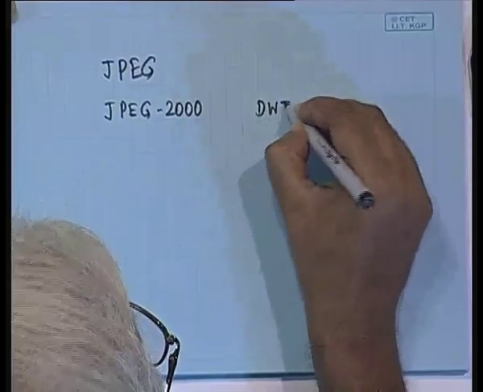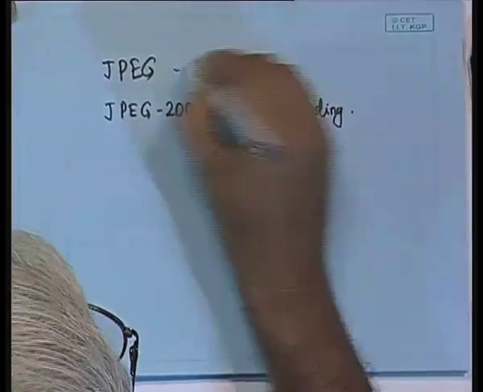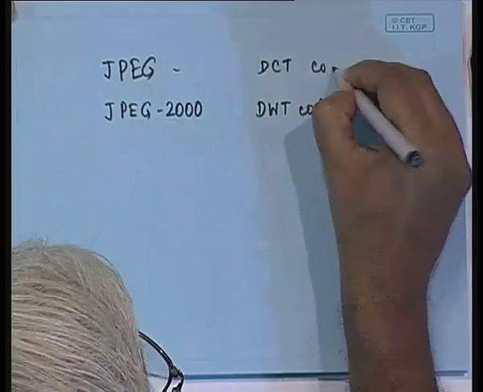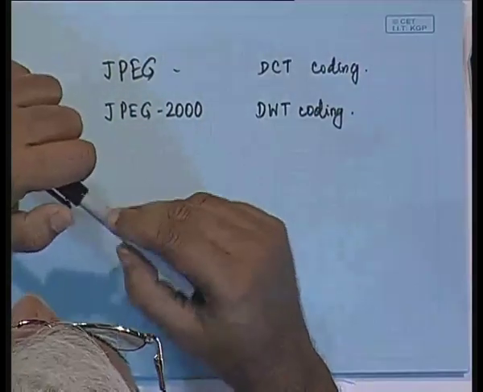Now, JPEG 2000 has used DWT coding, whereas as you already know JPEG had used DCT encoding. Okay. Now, in JPEG 2000, how was the DWT encoding used?